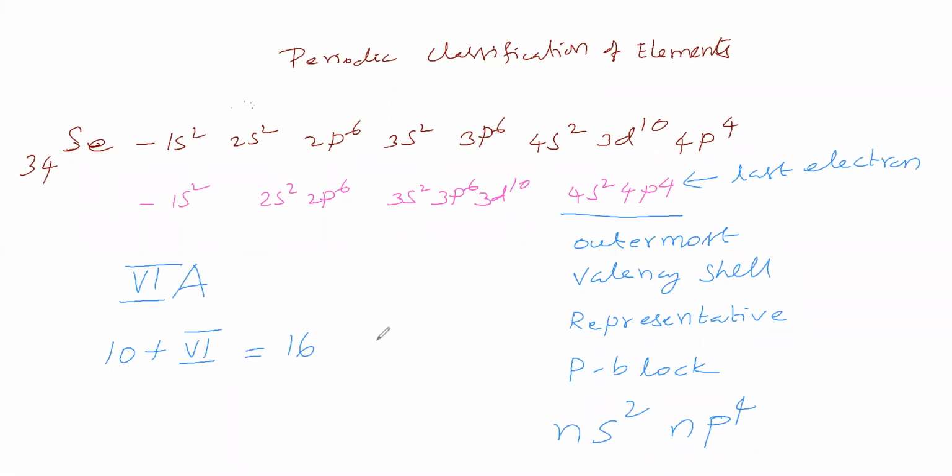Okay. Now we will take the next element. Suppose we take krypton. The atomic number of krypton is 36. We will write the electronic configuration: 1s2, 2s2, 2p6, 3s2, 3p6, 4s2, 3d10, 4p.